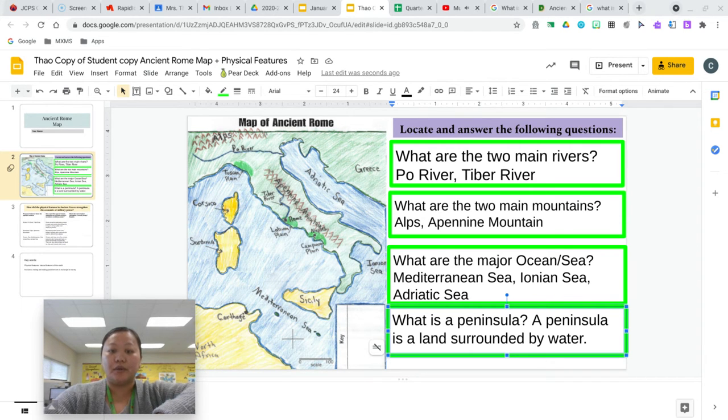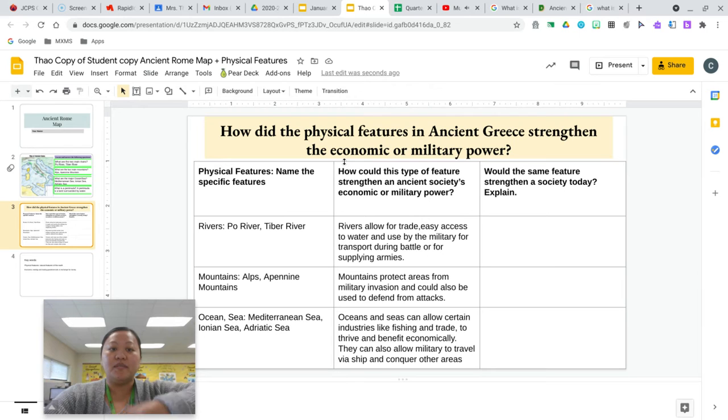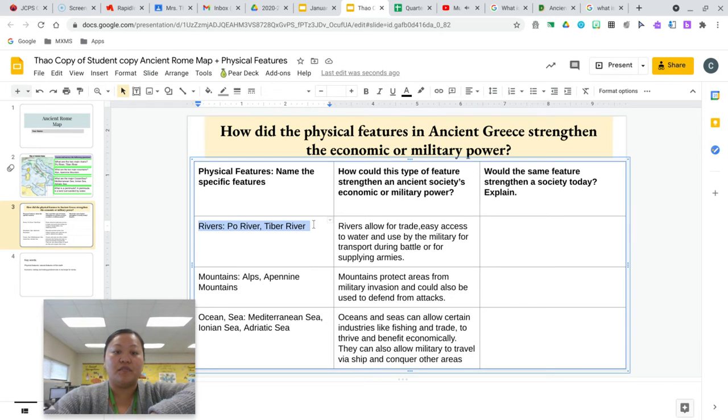So slide 3. When we take a look at this, I wanted us to look at the physical features and how they greatly impacted ancient Greece's economic and military power. So we'll take a look at rivers first. You have the Po River and the Tiber River.